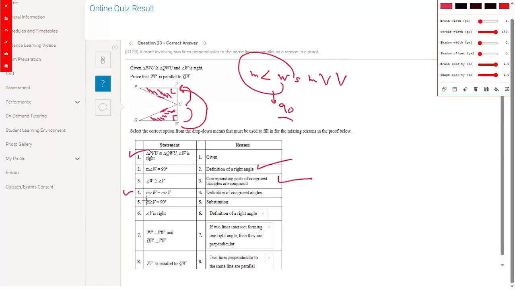So angle V is a right angle, by the definition of a right angle. Now BV is perpendicular to VW, and QW is perpendicular to VW. This is saying that if two lines intersect forming one right angle, they are perpendicular.